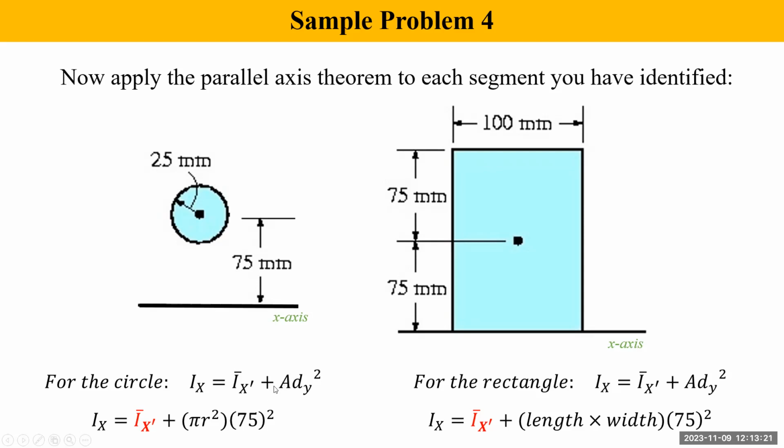The area is pi r squared, and you need to find dy, which is the distance from the x-axis to the center of the circle. You square that, so that is 75 squared. All right, let's move on.